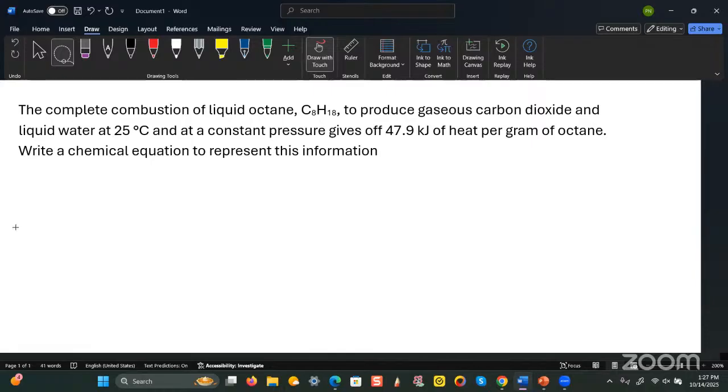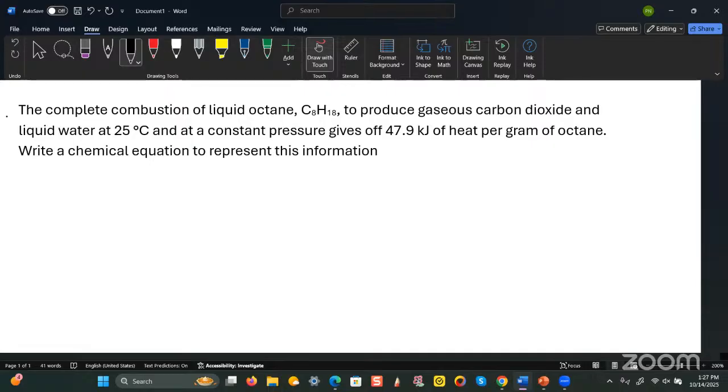So I want you to look at this information here and tell me firstly, what are the reactants in this particular question? Because remember the question is talking about combustion, right? That should give you a hint as to what the reactants are. Okay, so what are the reactants in this reaction?